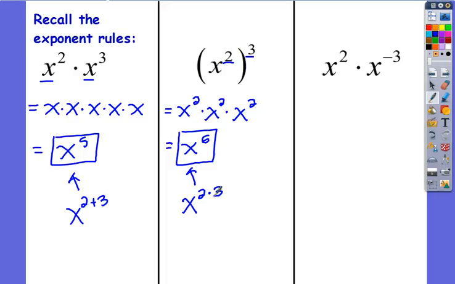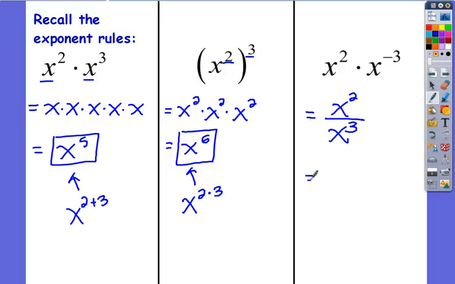On the third one, a couple different things you can do. So I have the same base. I could go ahead and add these exponents and say x to the negative 1 power, and then make that exponent positive. You could make the exponent positive right away, so that's what I'm going to do here. This would be x squared over x cubed. And the rule kind of is subtract your exponents.